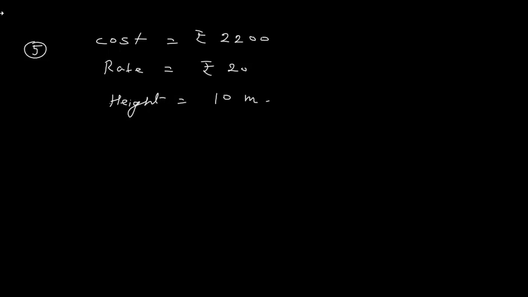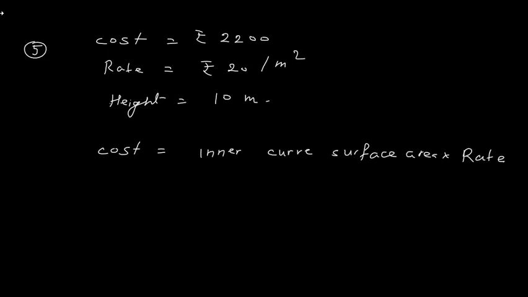So here I will say that the cost is inner curved surface area multiplied by rate. Therefore I get inner curved surface area, which will become cost upon rate.